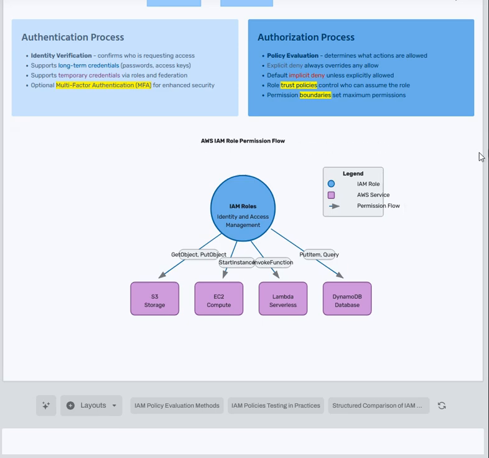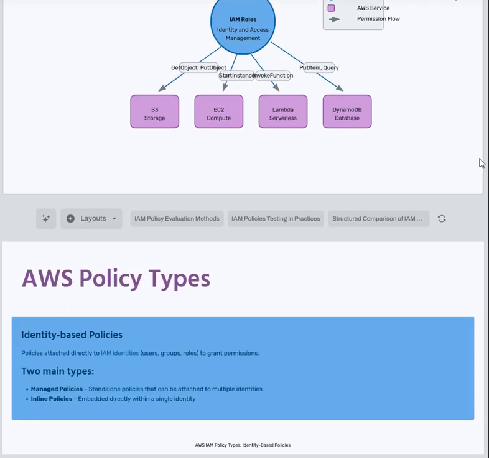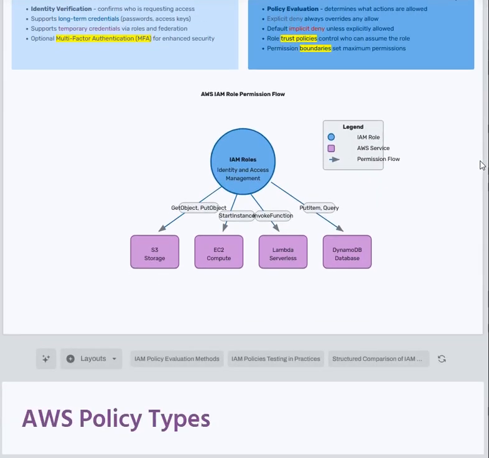That's what explicit deny and implicit deny mean. We're going to discuss that more precisely in one of the other slides, I think one or two slides after. So that's how the authorization process works.